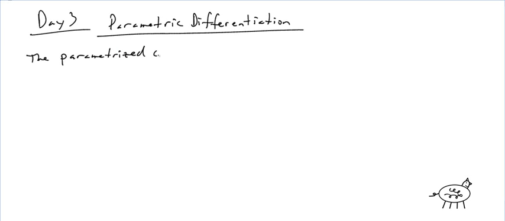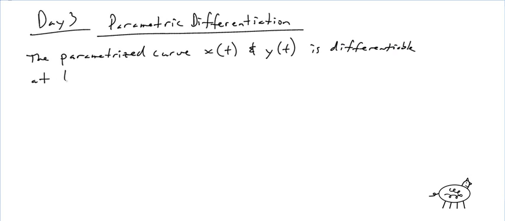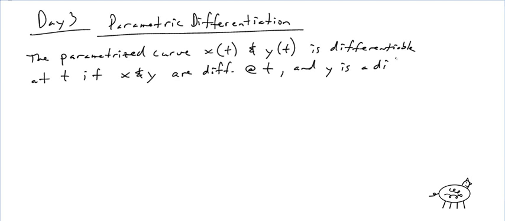The parametrized curve x of t and y of t is differentiable at t if x and y are differentiable at t, and y is a differentiable function of x.